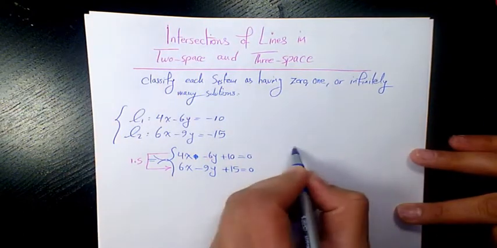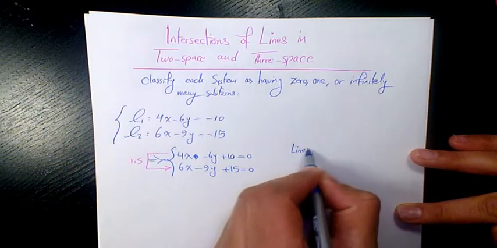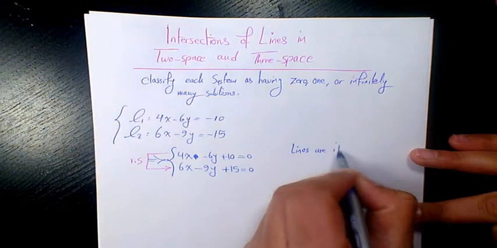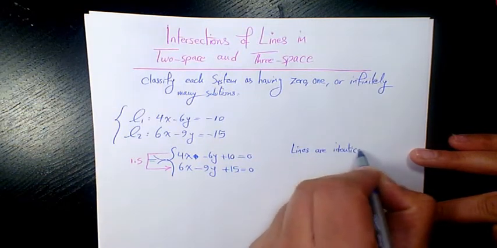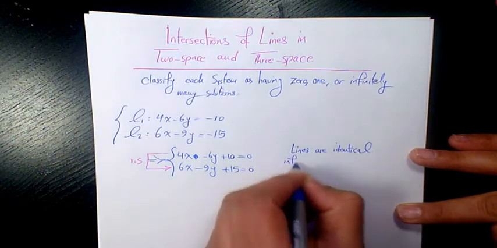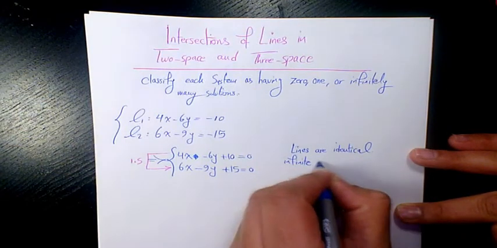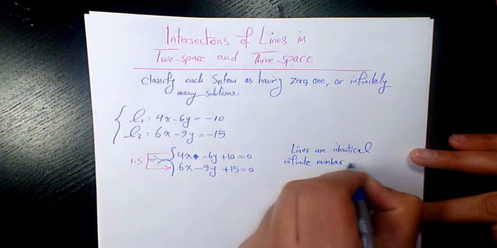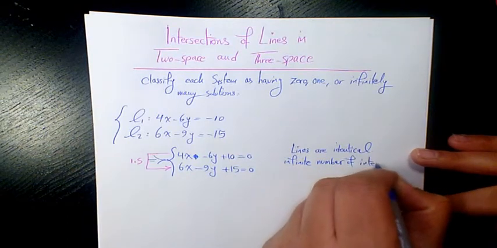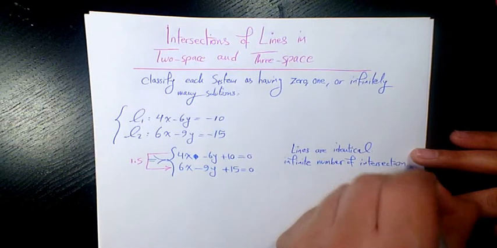It means that the lines are identical and we have an infinite number of intersections. That's one method to solve it.